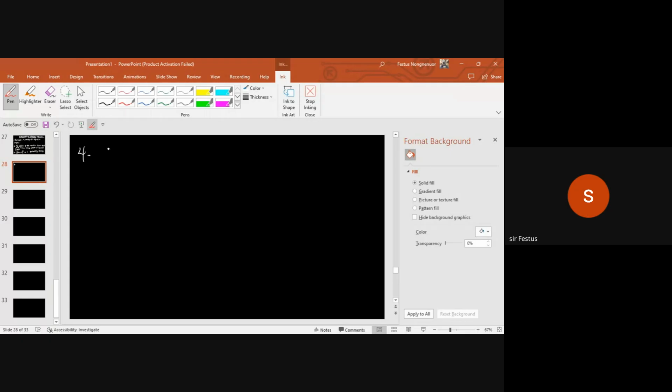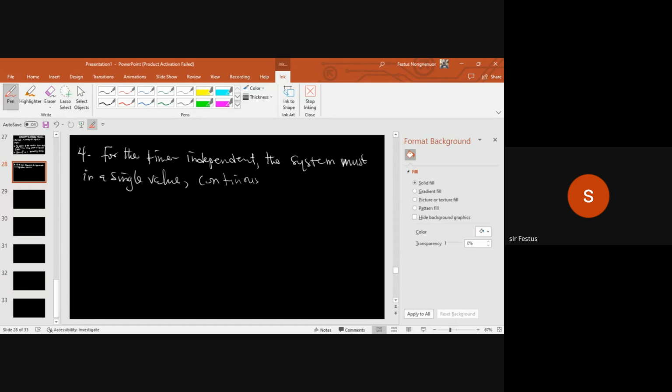So for the time independent equation, the system must be in a single value, continuous, and then smooth varying.